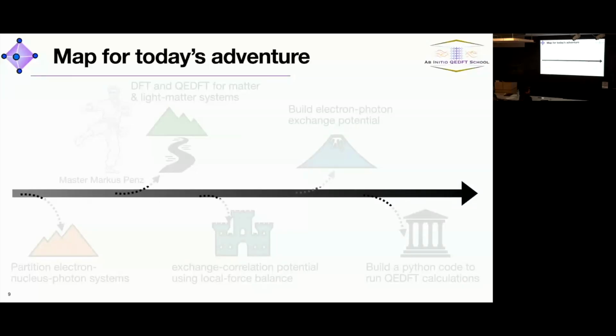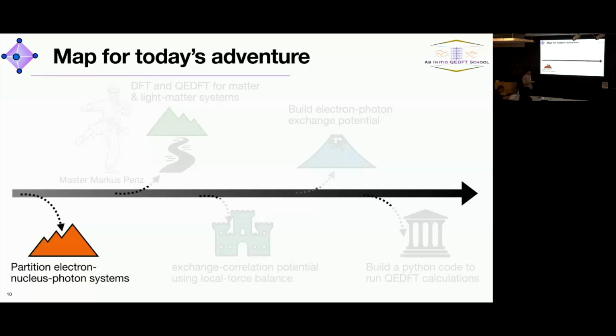Okay, so today we are going to go to the jungle. I will give you the map. Because now we are dealing with the material inside the cavity, it's a big master.